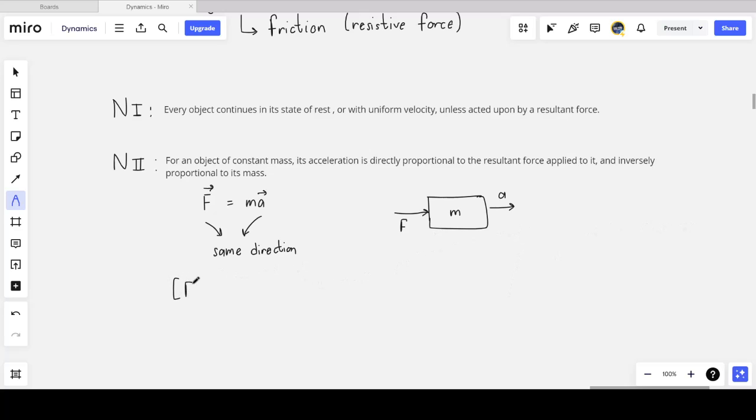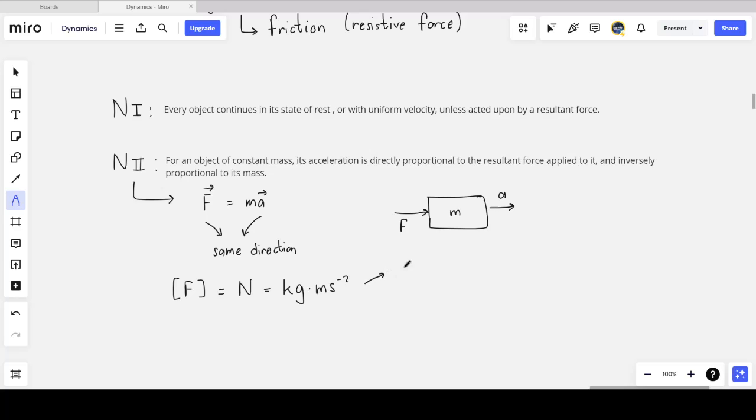And the unit that we use to measure force, this push or pull, is called the Newton, uppercase N, which is the symbol. And you can see that F is equal to ma, which is the mathematical formulation of Newton's second law. So mass is measured in kgs and acceleration is measured in meters per square second. So a Newton is equivalent to a kg meter per square second.